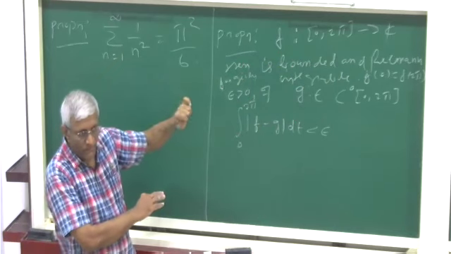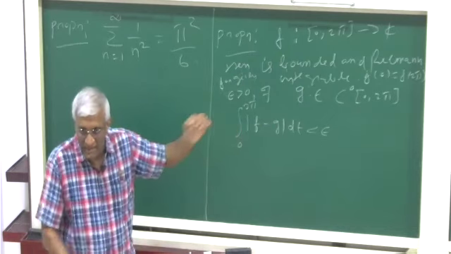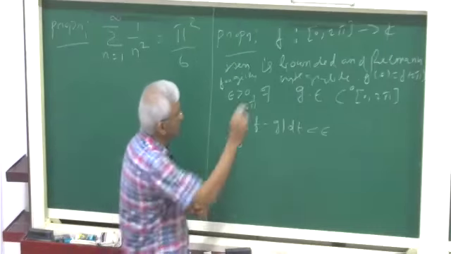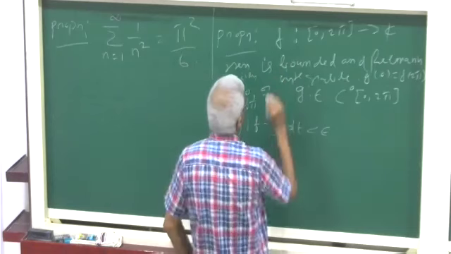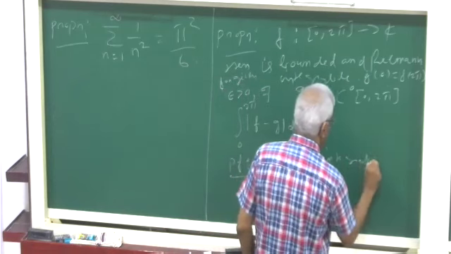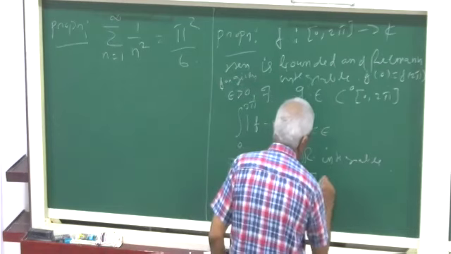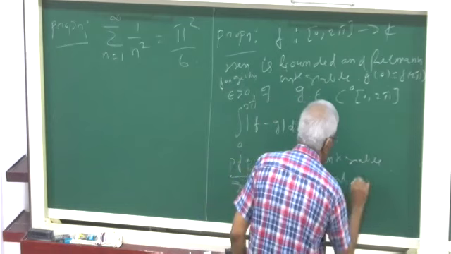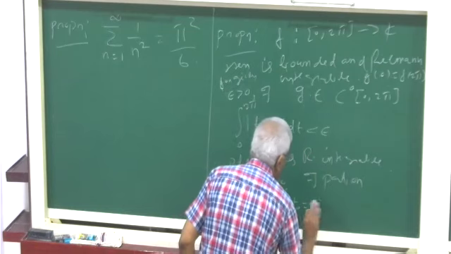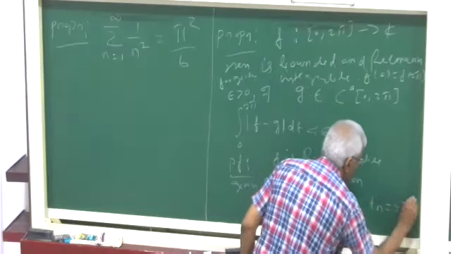Is this clear to you? Exercise. You take the upper sum and the lower sum. They are basically step functions, right? If you take the minimum in an interval, this implies that given epsilon greater than 0, there is a partition 0 equals t0 less than t1 up to tn equal to 2 pi.